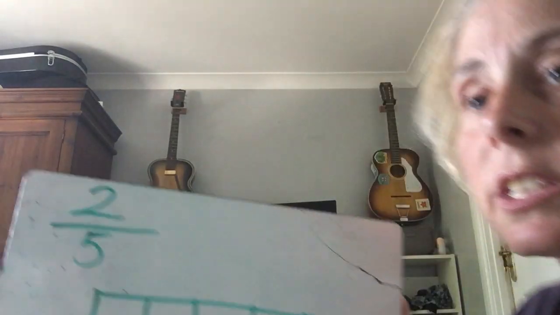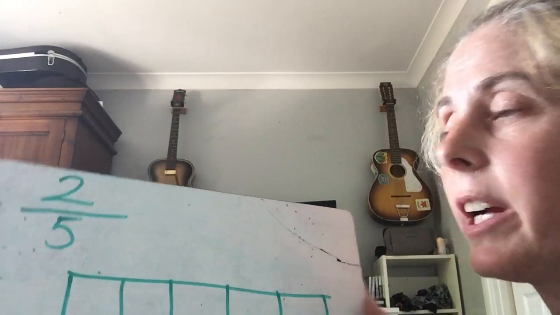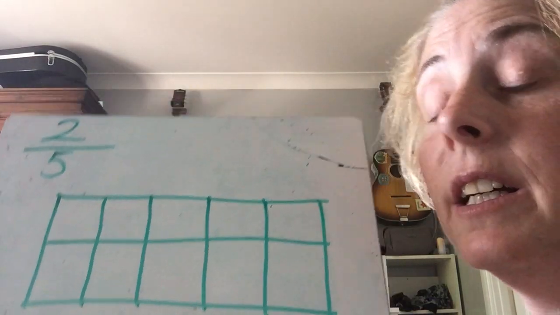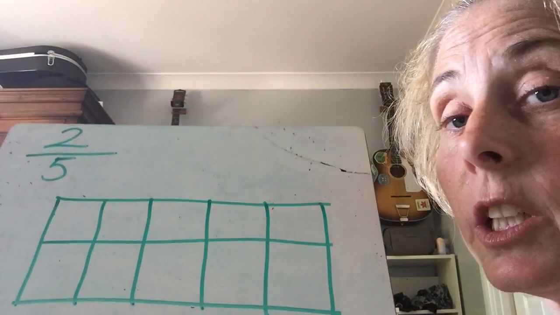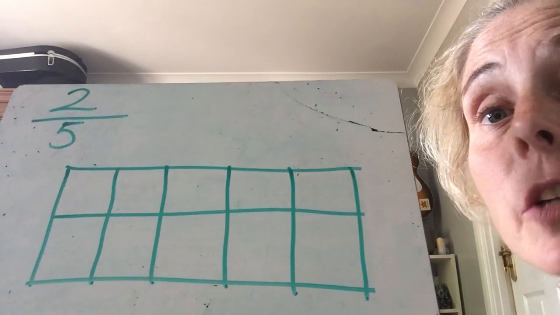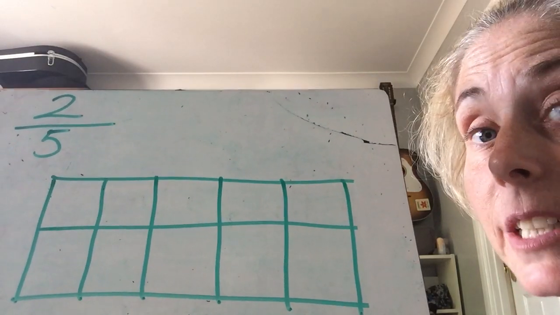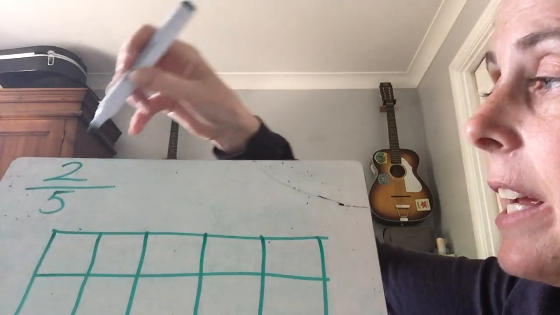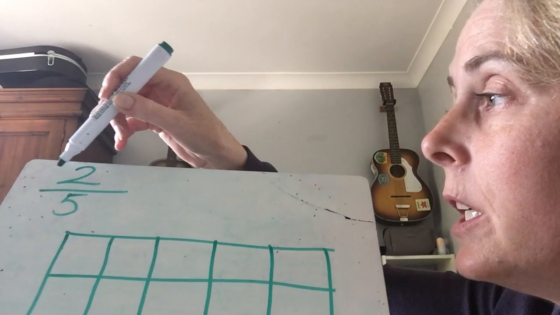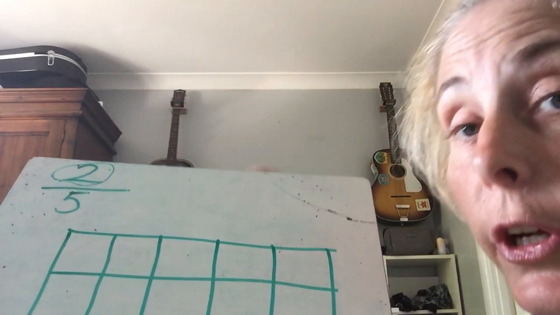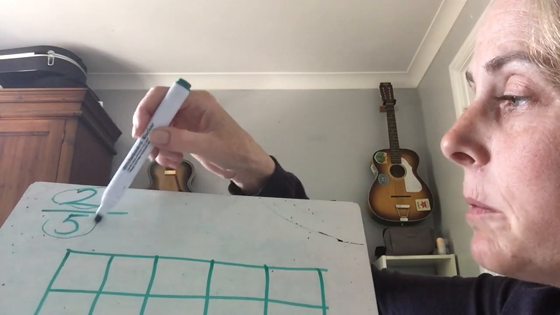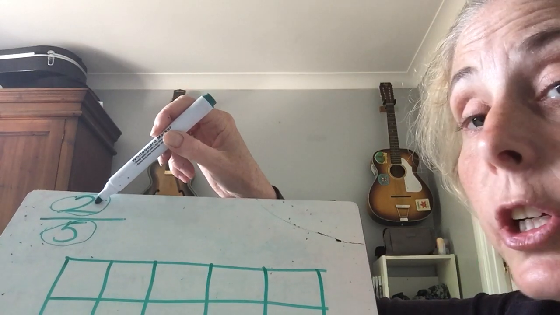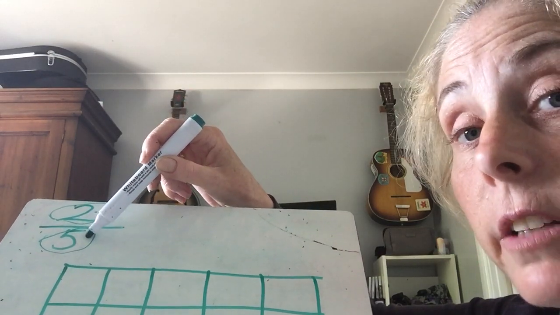That's what that fraction is called. It's called 2/5, that fraction. Now when you're shading in fractions of shapes, you don't actually need to know too much about what that fraction means. You can see it once you've done it onto the shape, but actually if you use what I've taught you, you look at the top number 2 and you look at the bottom number 5. So I know I need to shade 2 out of every 5.